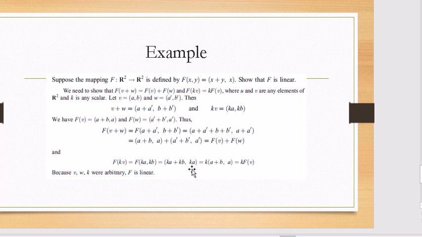Applying f we get this pair. This pair can be written like this, taking k common, and it is the same as k times f of v. Because v, w and k are arbitrary, this function f is a linear map.